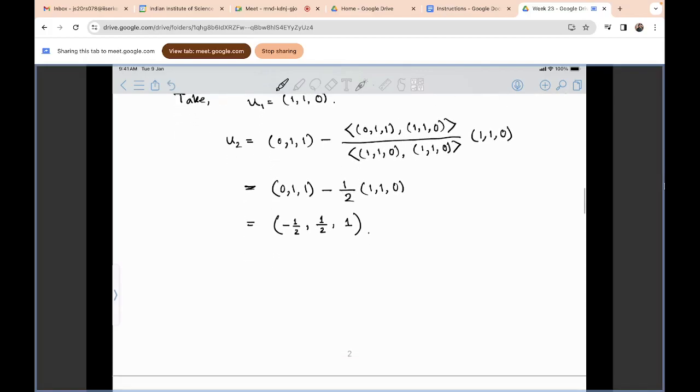Now normalize it. The norm of u1 is the square root of 1 plus 1, which is square root 2, and the norm of u2 is the square root of 1/4 plus 1/4 plus 1, which is square root 3 by square root 2.